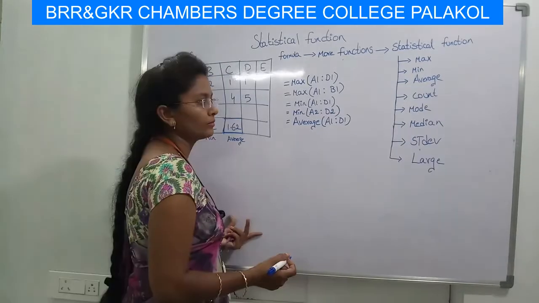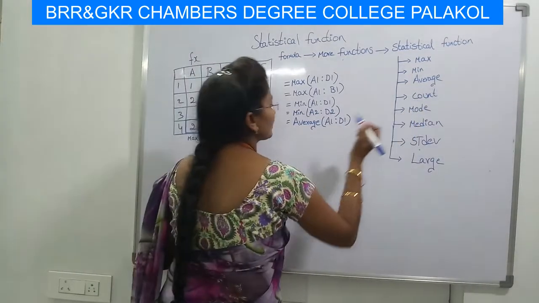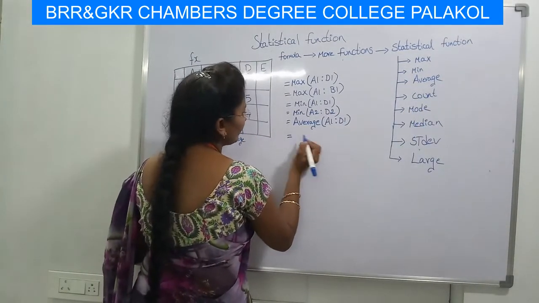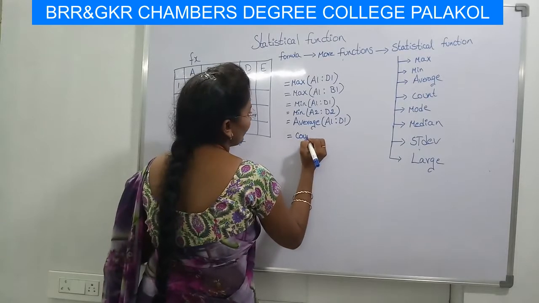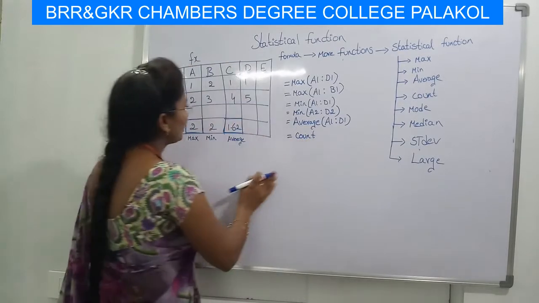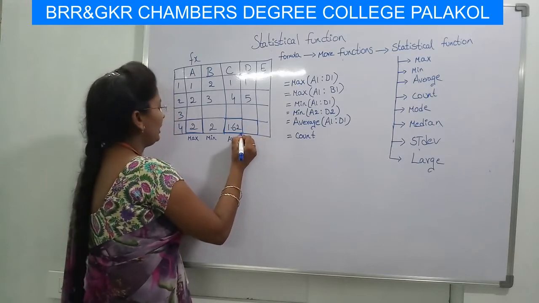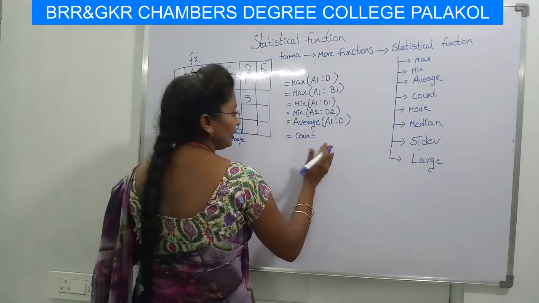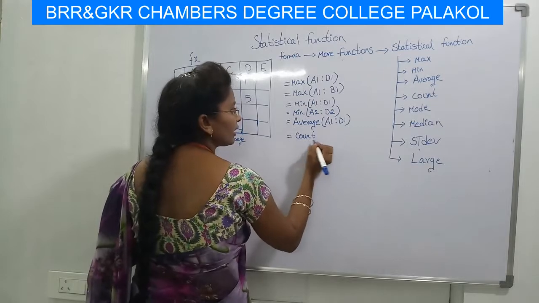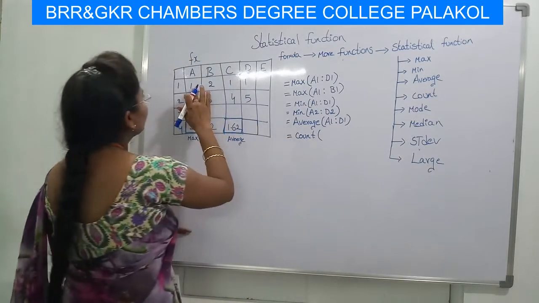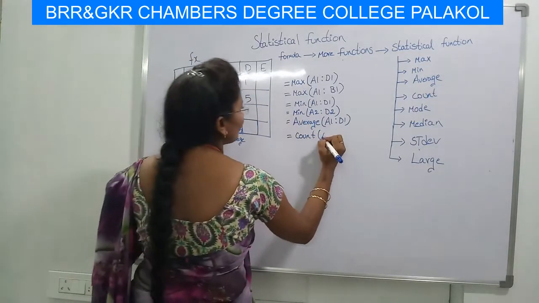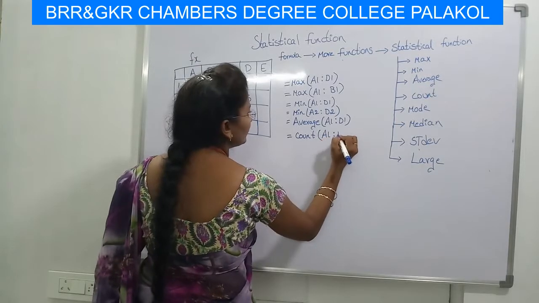And then the next one is count. Before writing the count formula, select the cell. I am selecting the D4 cell and writing the formula: equal sign, count, and taking A1 to D1, A1 colon D1.